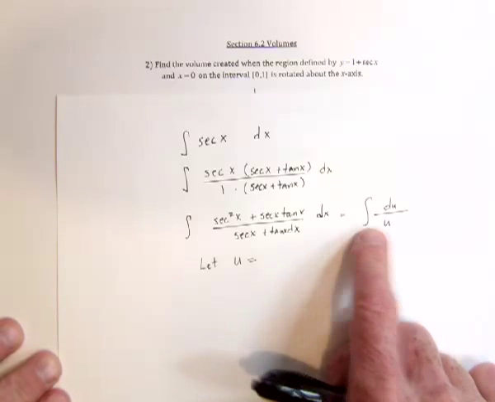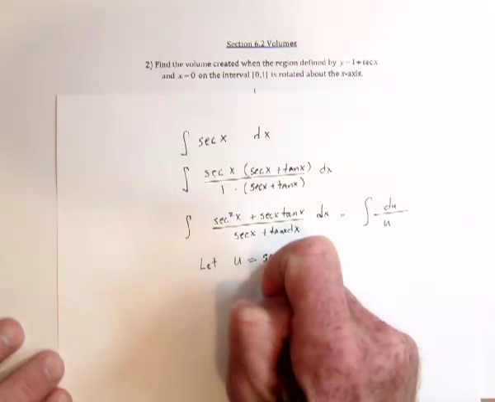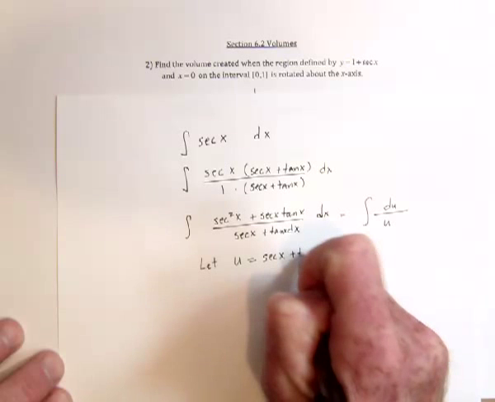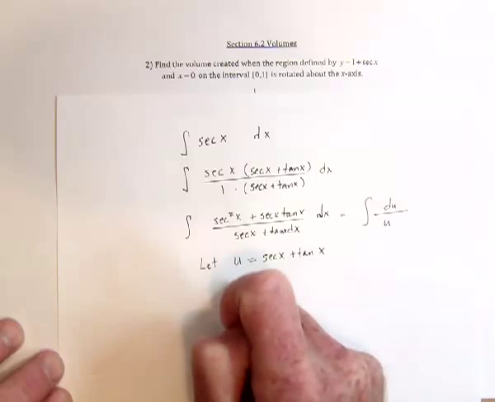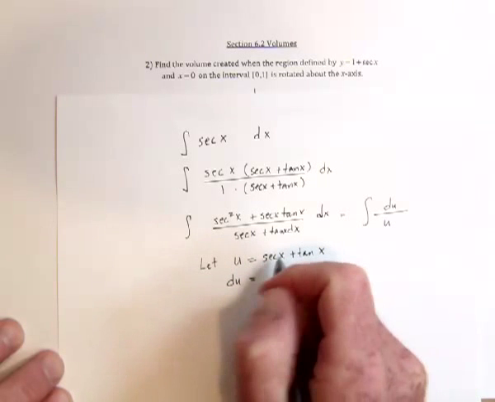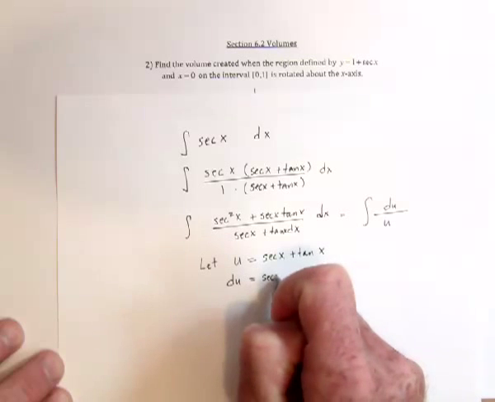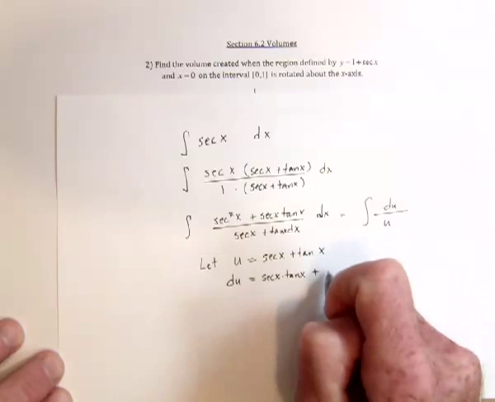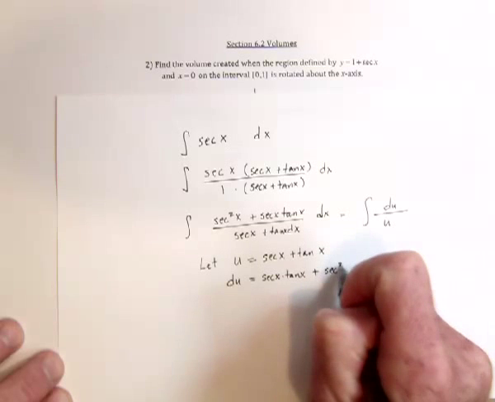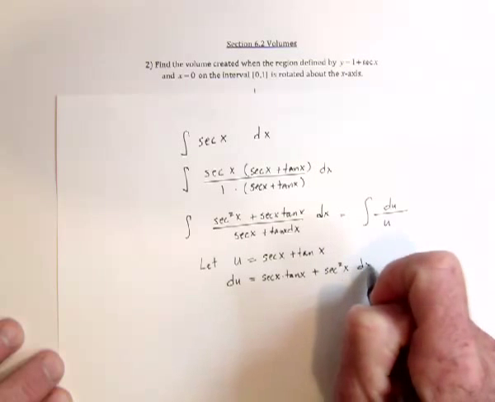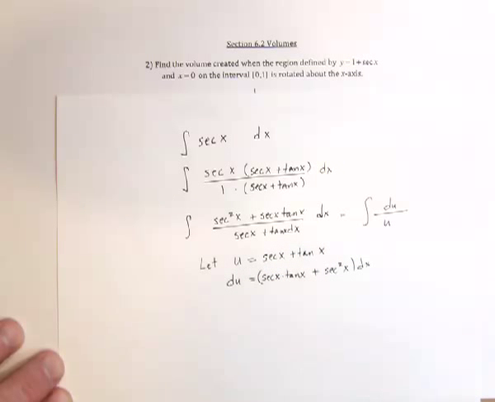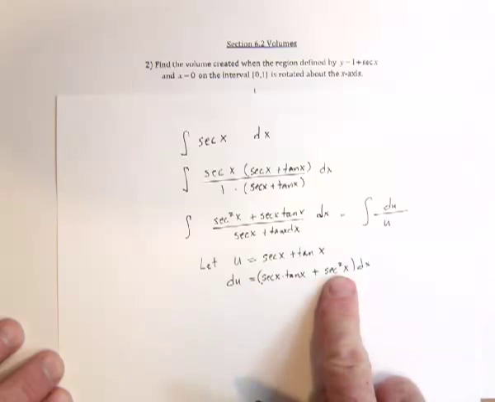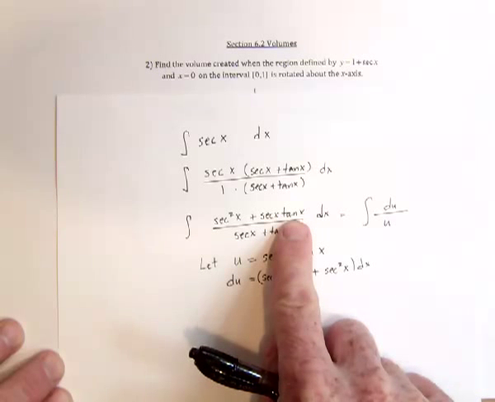So the u substitution is going to be let u equal secant of x plus tangent of x. The derivative of this is derivative of secant is secant times tangent plus the derivative of tangent is secant squared. And now you compare this with the numerator, and it's exactly the same thing.